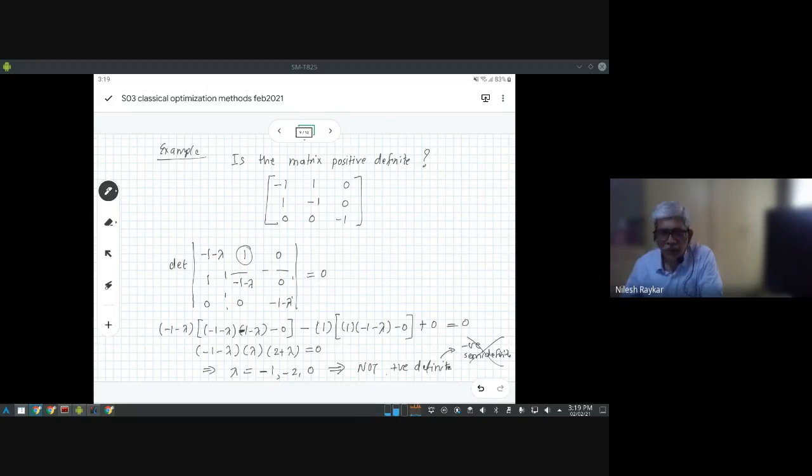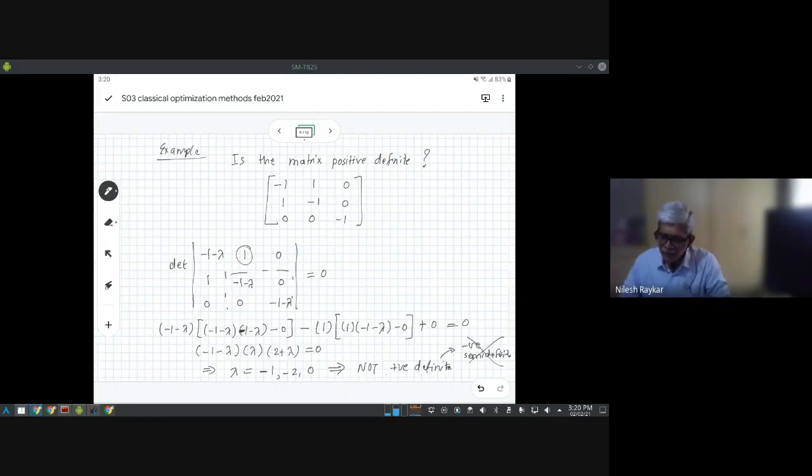So that is the way you determine the form of the matrix, and the final utility of this form is in determining whether your Hessian matrix, if it is positive definite, then there is some sufficiency condition linked with that. So now we'll move to our main purpose for which we have developed these concepts. Using the gradient and Hessian, we will now define our necessary and sufficiency conditions for our multivariate problem.